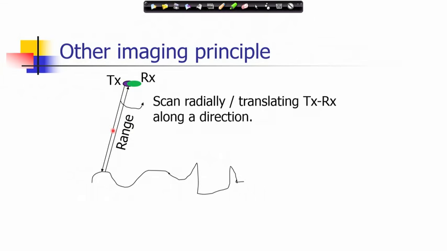And consider you scan radially, taking this at every regular interval over the surface points, or you can also translate this transmitter receiver along certain directions and perform this action repeatedly.